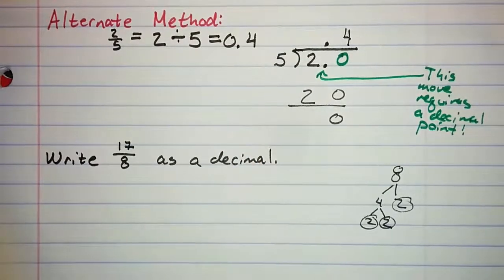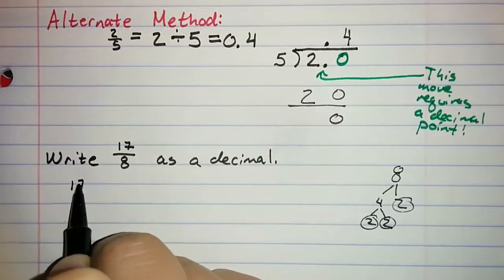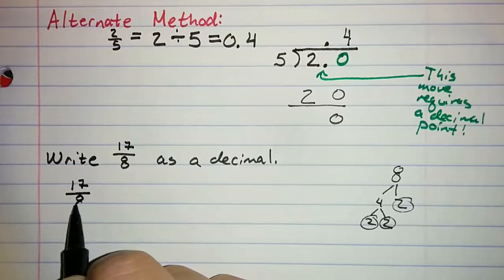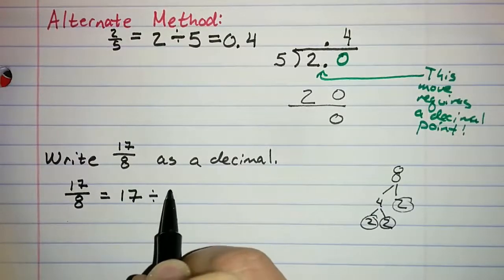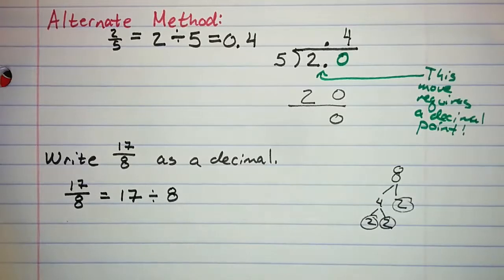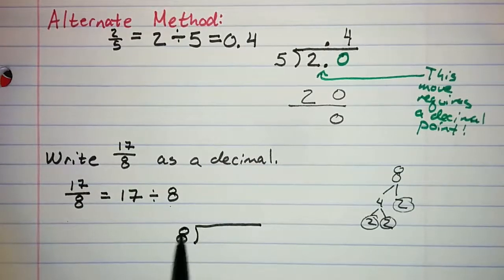Perhaps this method will be easier. We'll understand 17/8 to mean 17 divided by 8. 8 is the divisor, it's the denominator, so when we write the division bracket, 8 will go outside, 17 point will go inside.